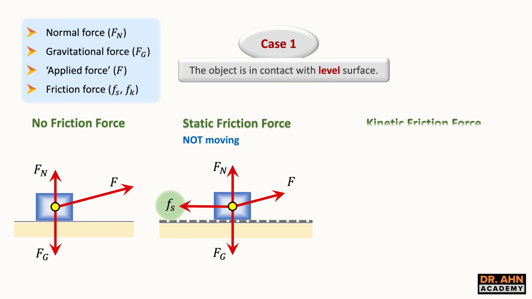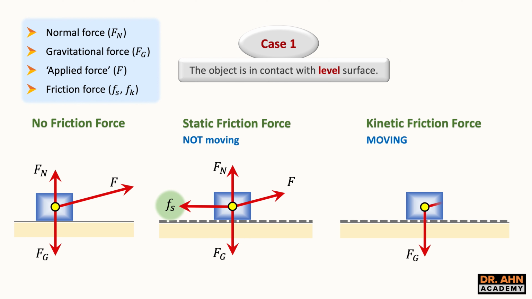Now, let's consider a case where the object is on the rough level floor, but it is moving. Just like our previous case, we would have gravitational force and applied force that pulls the object and the corresponding normal force. But let's say the object is moving to the right.